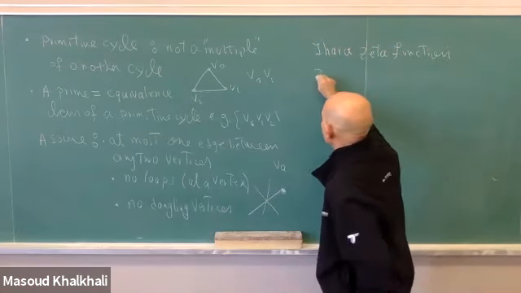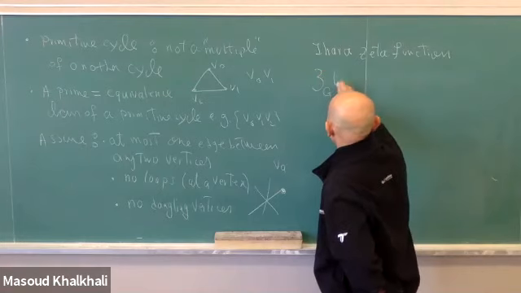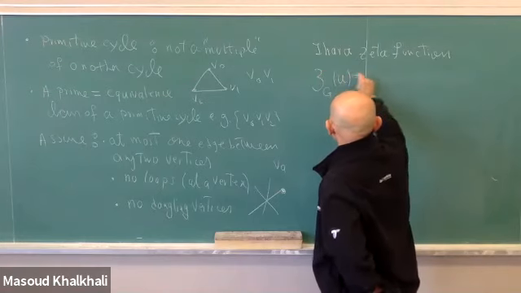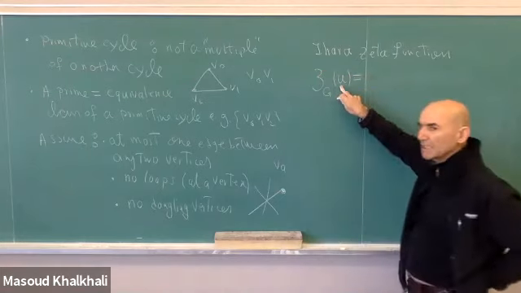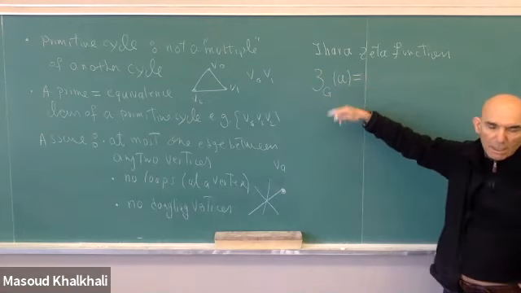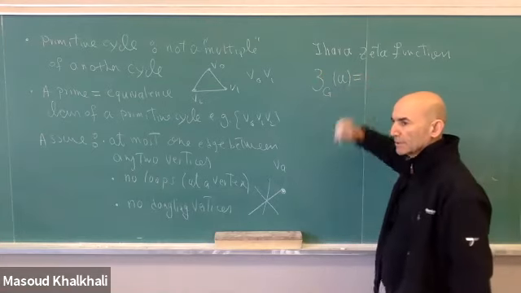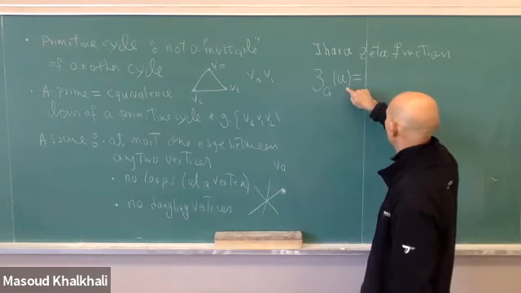So let's call it zeta G of u. Some people put T here, some people put Z. Let's put U, I mean, this is one good notation.